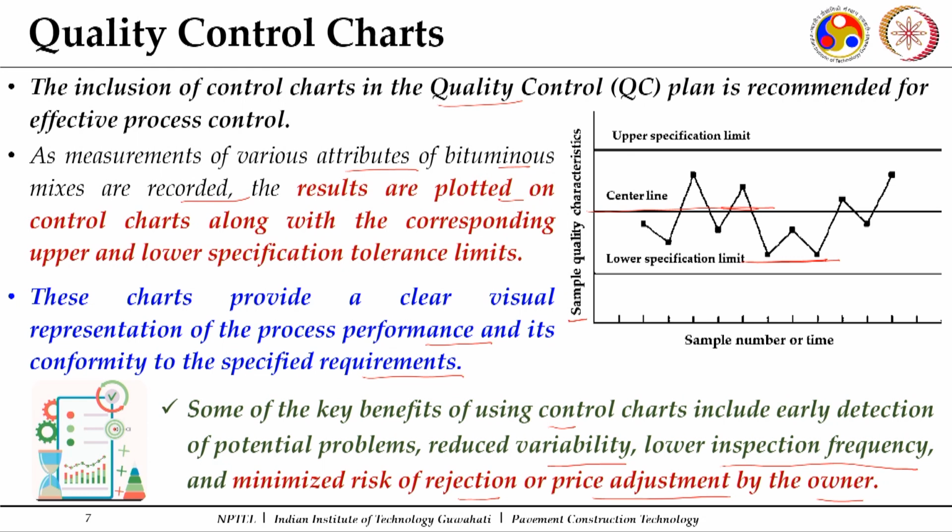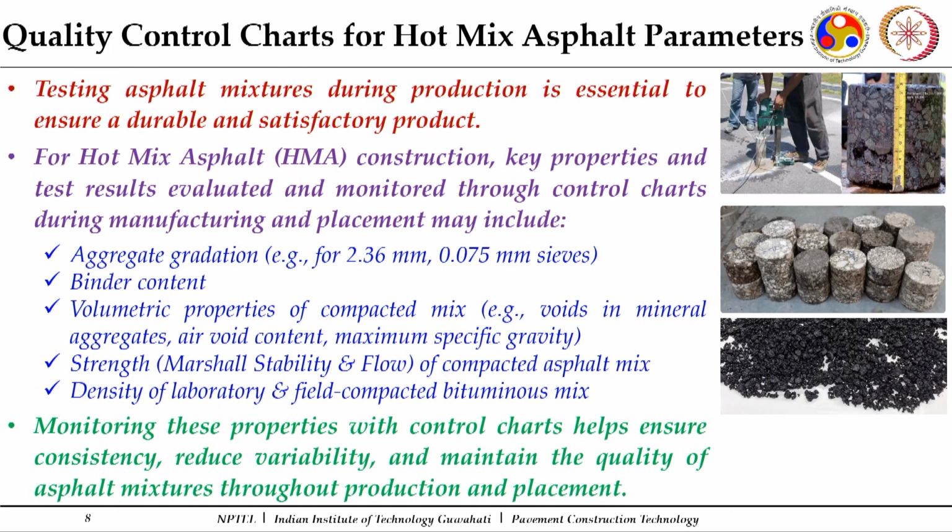Pay factors are there, if because of any reduction in the quality or the performance of the final product, some price adjustment has to be done, then also that can be figured out. But the important thing is to reduce the variability during the course of production itself.